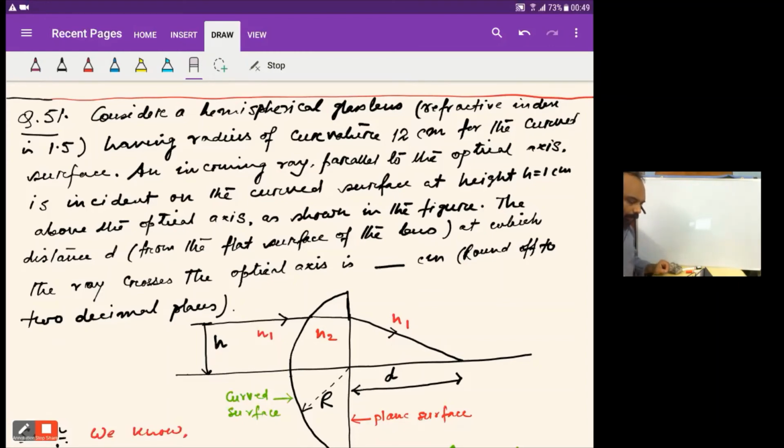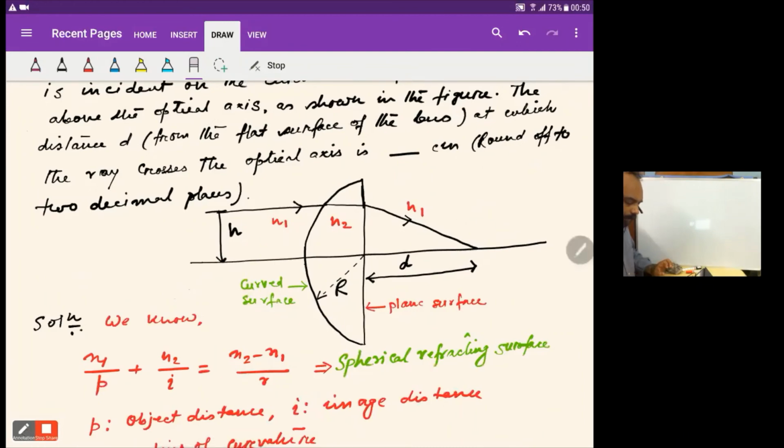An incoming ray parallel to the optical axis is incident on the curved surface at height h equal to 1 centimeter above the optical axis as shown in the figure. The distance d from the flat surface of the lens at which the ray crosses the optical axis is, we have to find out the value and round it off to 2 decimal places.